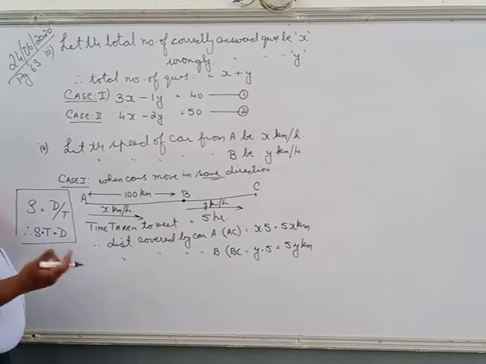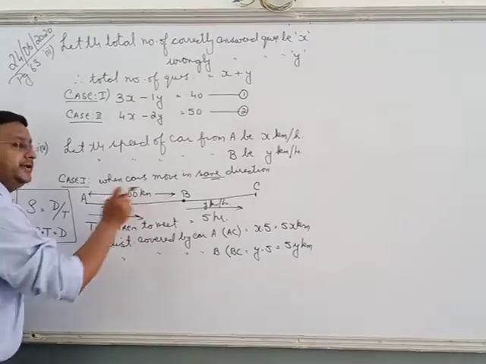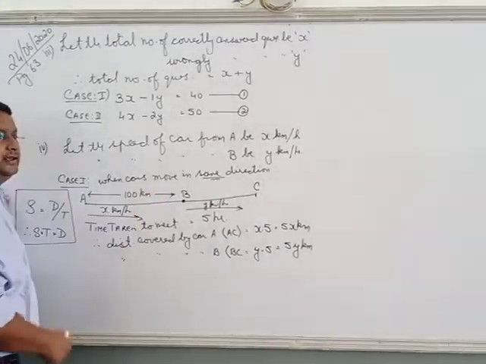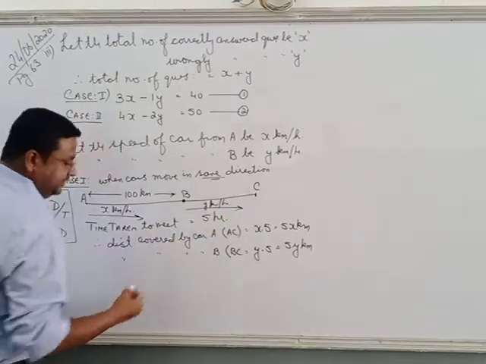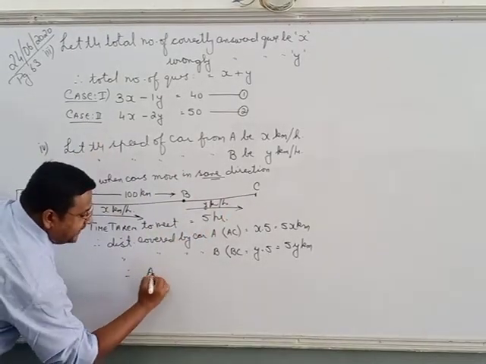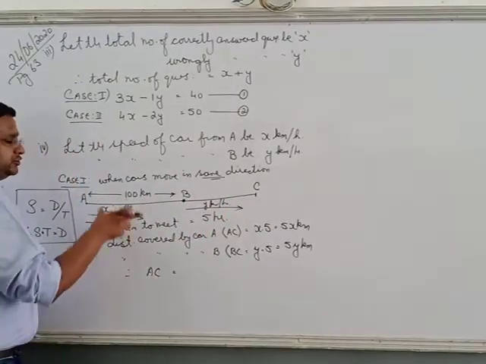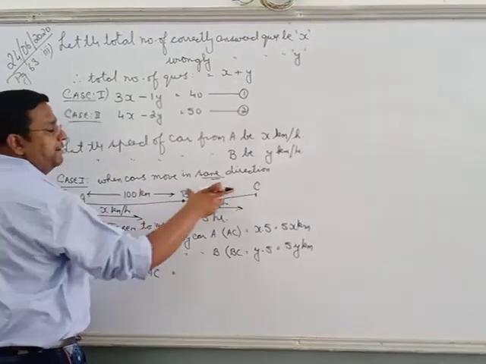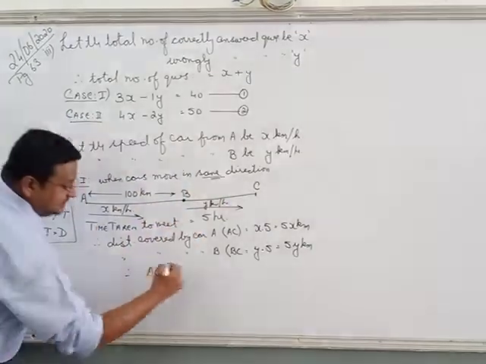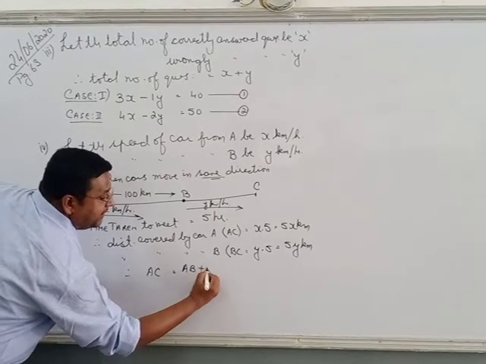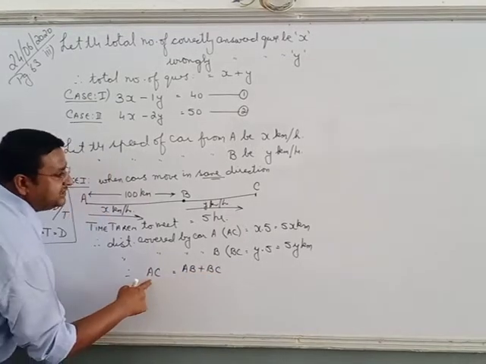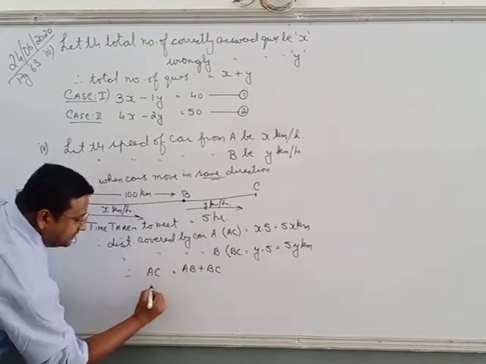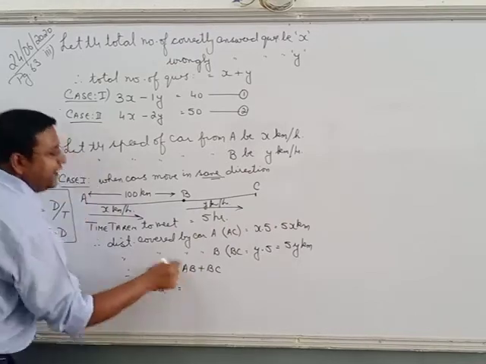So sir, there is the equation. Come back over here, C. We have the total distance AC. So therefore, is AC equal to AB plus BC? Yes sir, AB plus BC. So how much is AC? 5x equals AB.